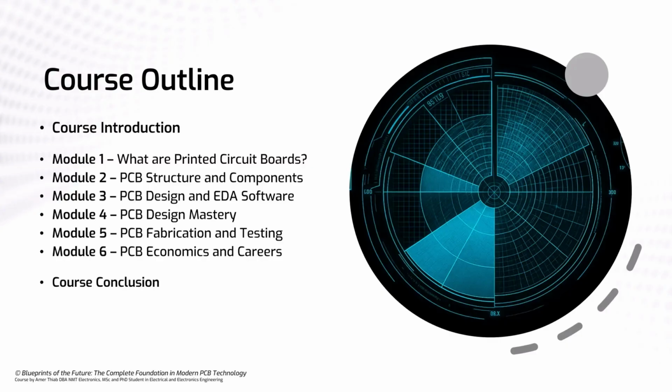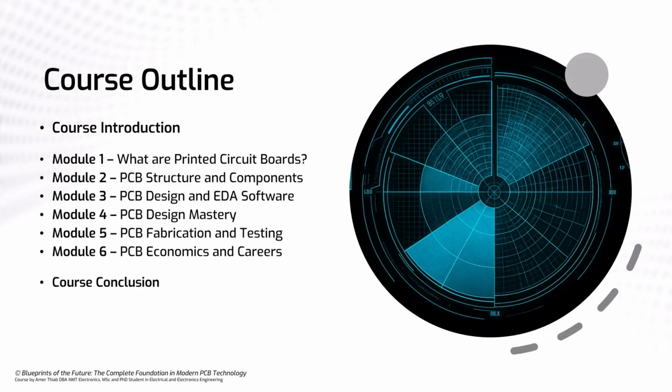Module 3 is all about PCB design and the tools used to create professional layouts. You'll get familiar with EDA software, understand the general design process, and see how circuits are turned into manufacturable files. Then comes Module 4, where we will take design to the next level. We will cover essential design considerations and rules, advanced layout techniques, and what it takes to meet industry standards for performance, safety, and reliability.